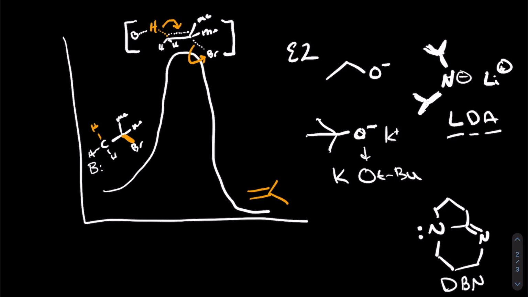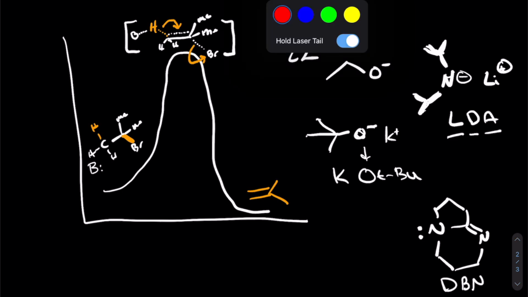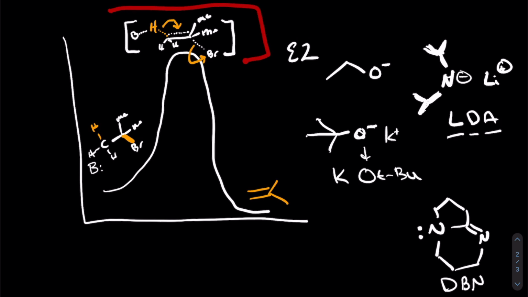Now, when you have a base like this, and you're doing an E2 elimination, we really have to look at how this elimination just happened. I mean, look at this transition state, all right? It's a fairly complicated looking transition state.